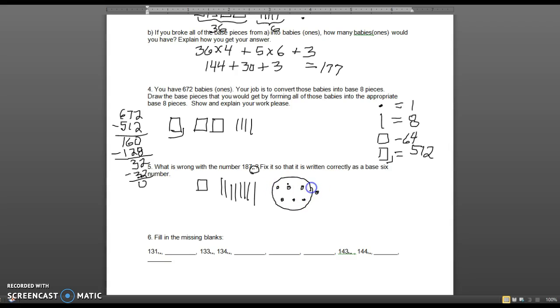So I'm going to take these 6 ones, and I'm going to turn it into a long. And I'm going to take 6 longs, and I'm going to turn that into a flat. So my correct representation is 2 flats, 3 longs, and 1 one in base 6.